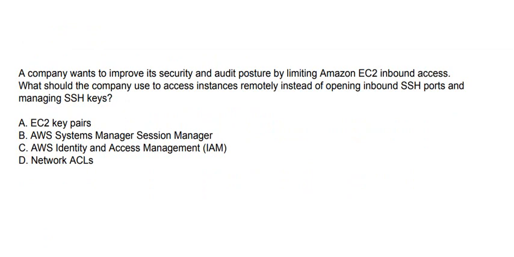Next question is: a company wants to improve its security and audit posture by limiting Amazon EC2 inbound access. What should the company use to access instances remotely instead of opening inbound SSH ports and managing SSH keys? Option A: EC2 key pairs.